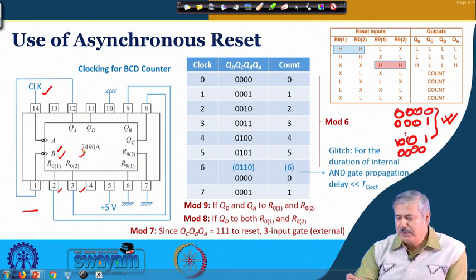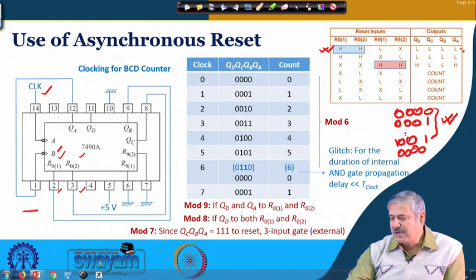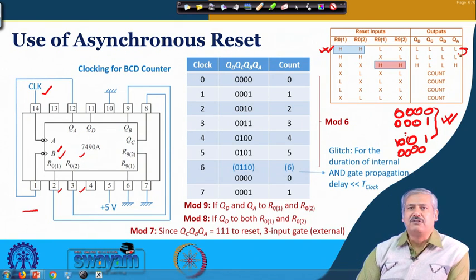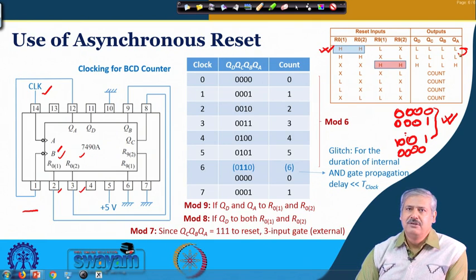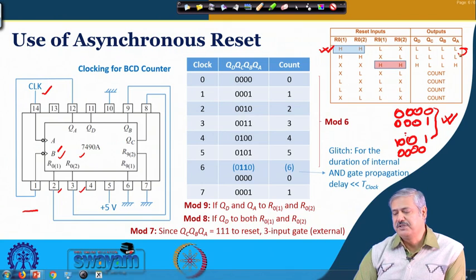When both of them are high, the counter is asynchronously reset. That means, immediately after a short propagation delay of the internal AND gate, QA, QB, QC, QD all acquire the value 0.